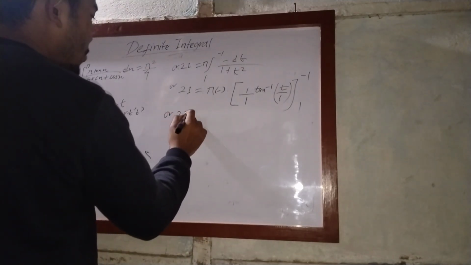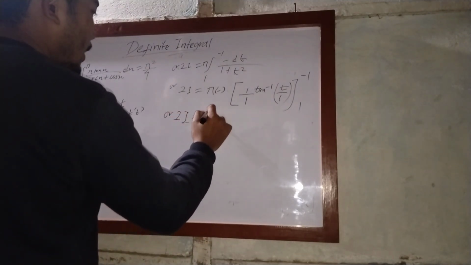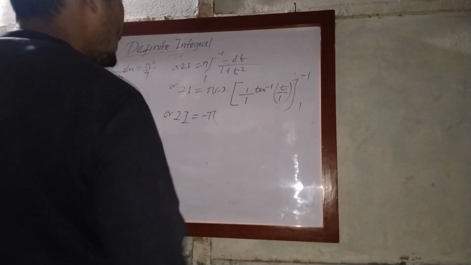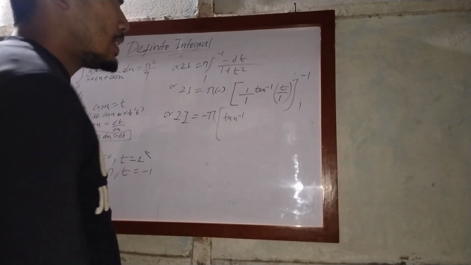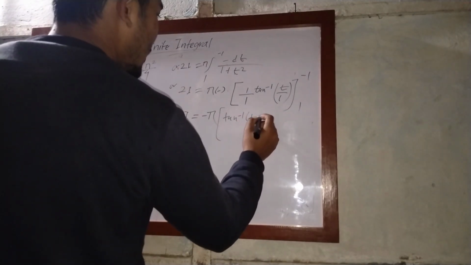Now 2I is equal to minus pi, upper limit tan inverse t.